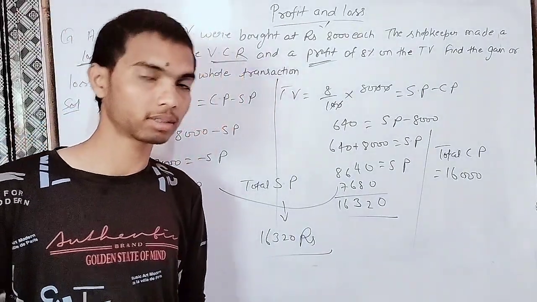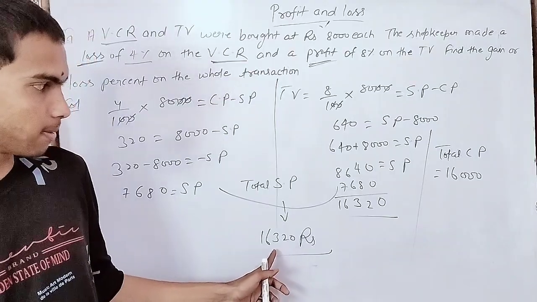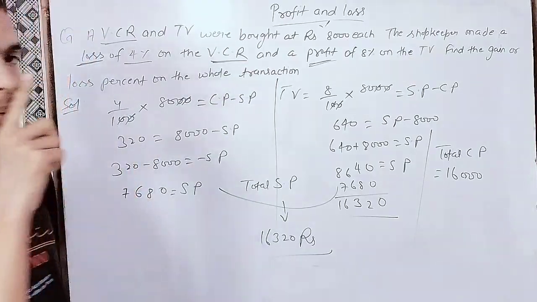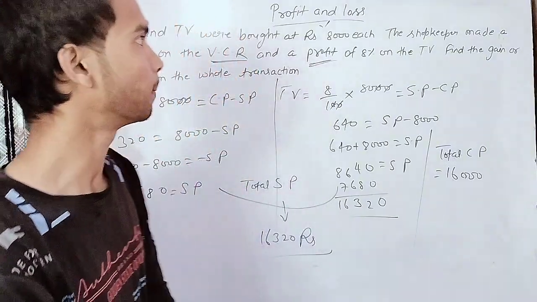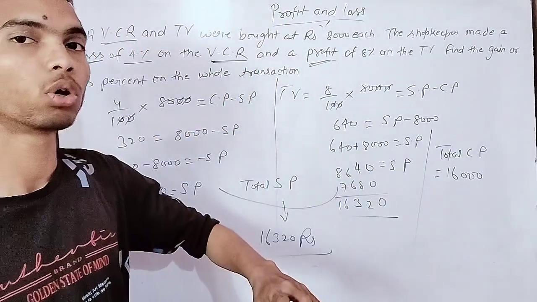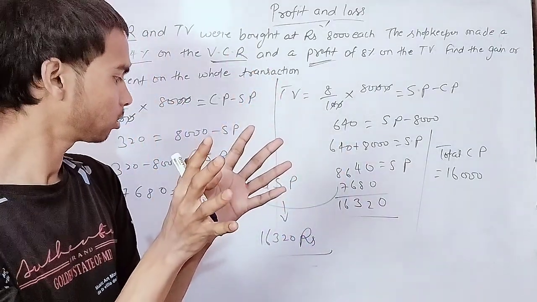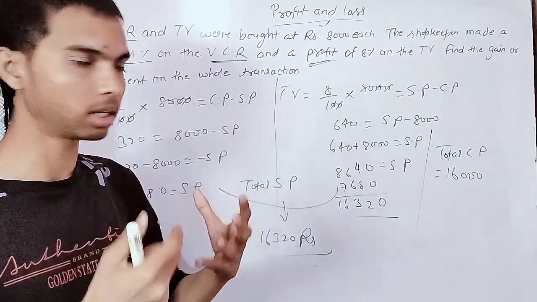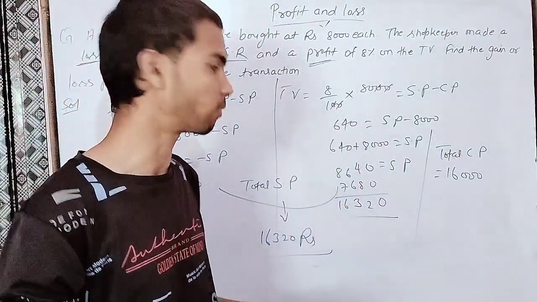From here we can conclude that the shopkeeper made a profit. The shopkeeper made a loss of 4% on the VCR, but in total, if we observe, then the shopkeeper is in profit.